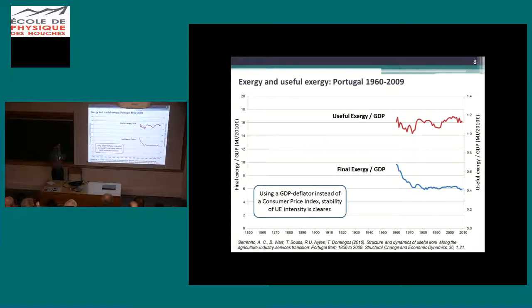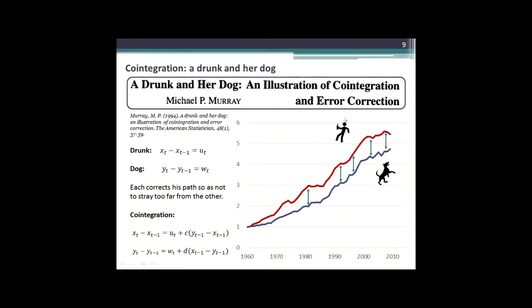And you can see the close relationship between useful exergy and economic output. So our motivation is to look more closely at this relationship between the two and attempt to formalize it mathematically using econometric techniques.